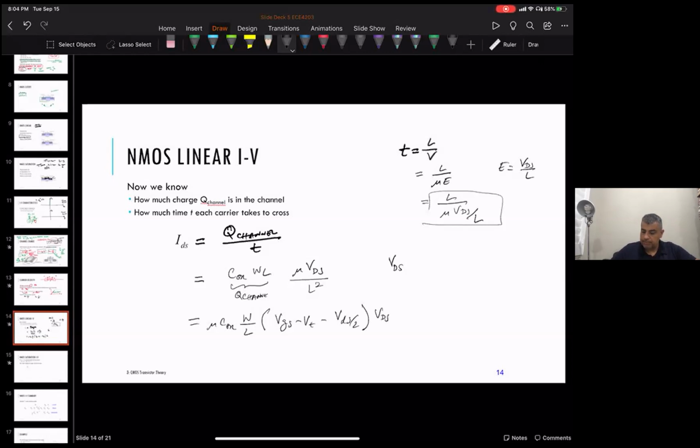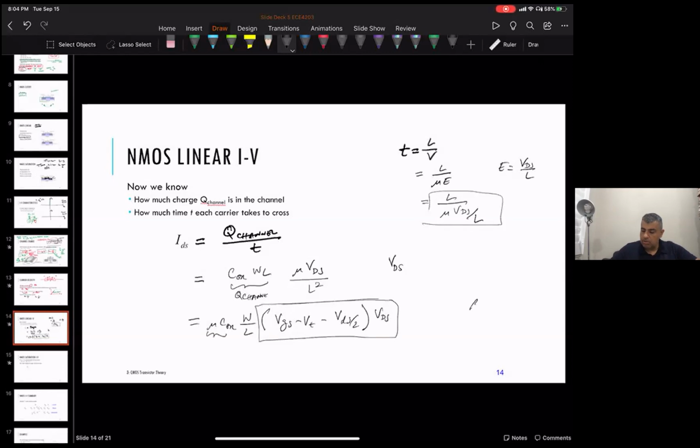I'm just removing stuff around. We're going to assume, well, it's going to be the case that mu Cox is constant, and we want to just look at the voltages.